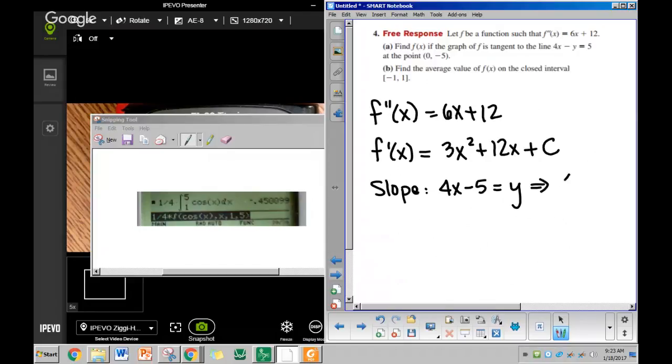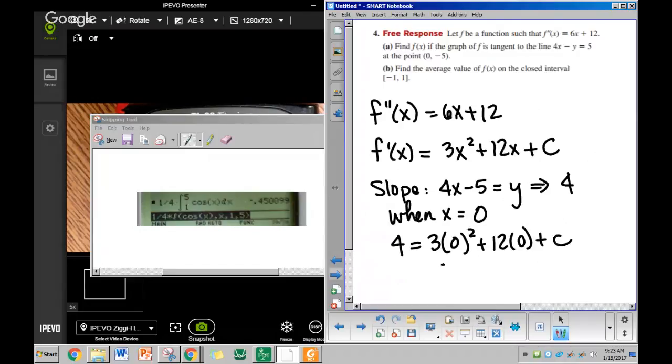The slope is 4 when x is, they're telling us the slope at 0, -5. When x is 0, do you agree? That's what they're telling us? So I can say then, my f prime is 4 when x is 0.